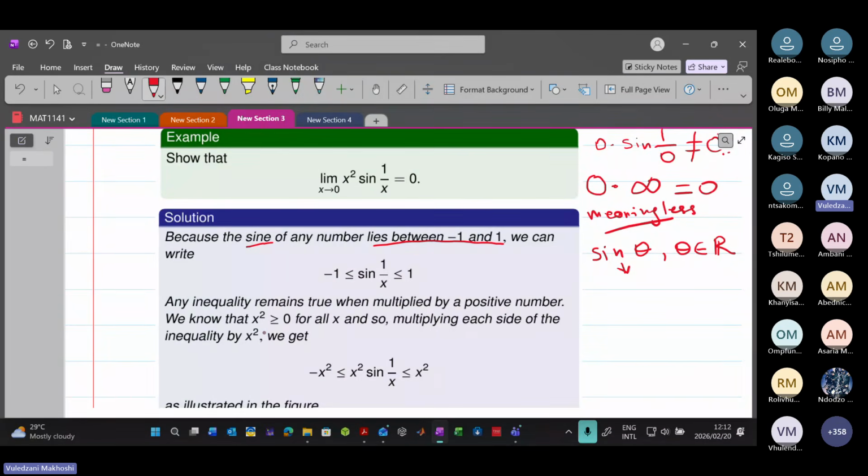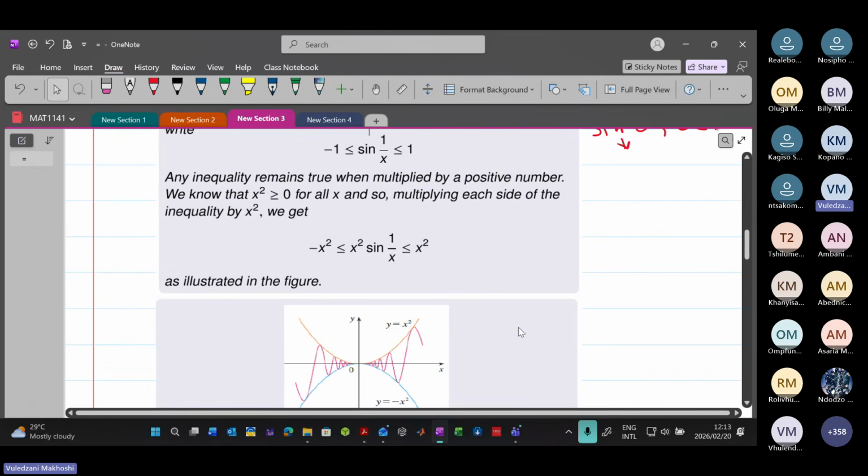We are multiplying by x squared, which is always greater or equal to 0, or positive for that matter. We multiply minus 1 by x squared, which will be minus x squared, less or equal to sine of 1 over x multiplied by x squared, which is x squared sine of 1 over x. And then this will still be less or equal to x squared, because we're multiplying throughout by x squared, like that.